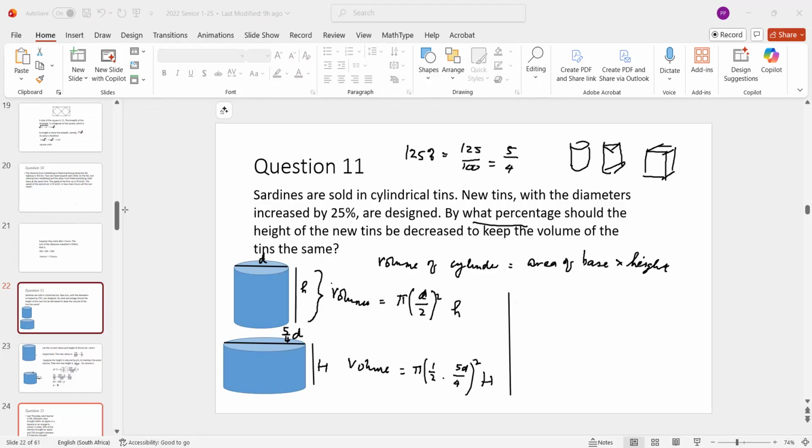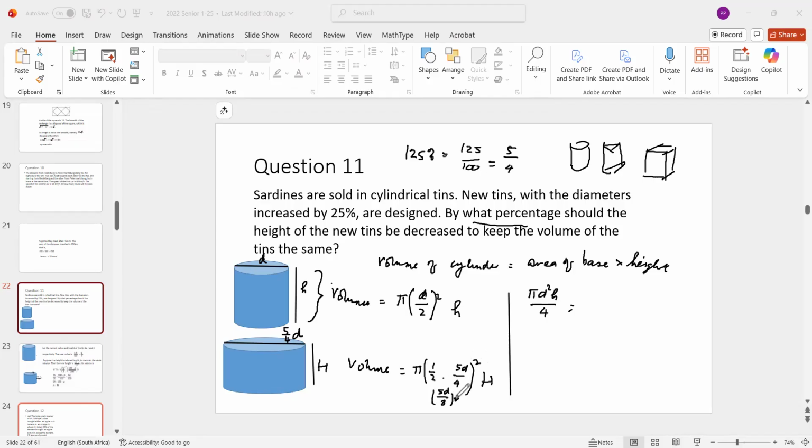Let's simplify this. What do you get? That volume is pi, numerator is d squared h over 4, and these two are equal. So numerator now is 5d over 8. You're squaring that.